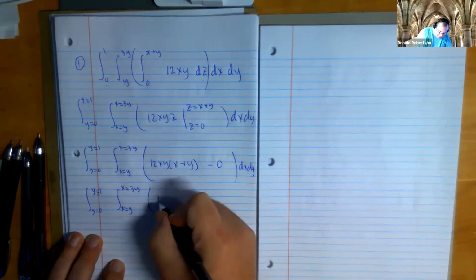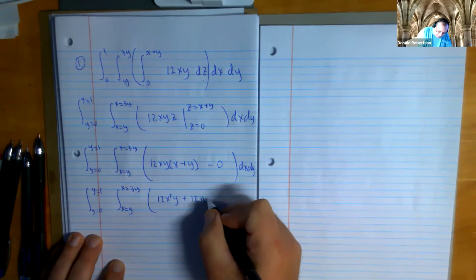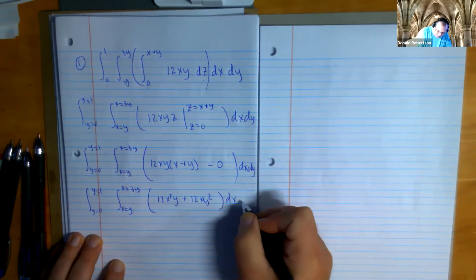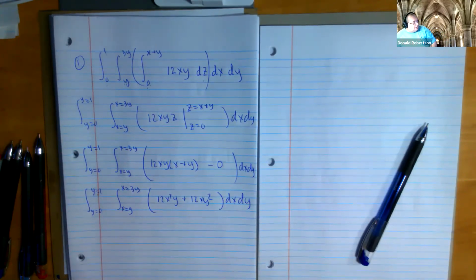And distribute this, you get 12x squared y plus 12xy squared dx dy. Are you comfortable about the pass-through? The first integral is now complete.